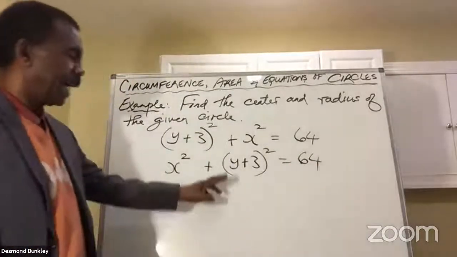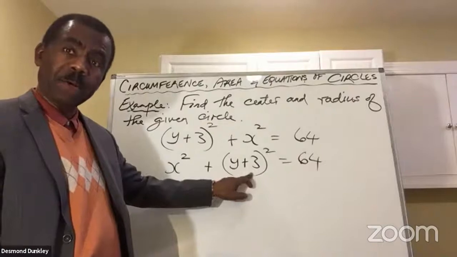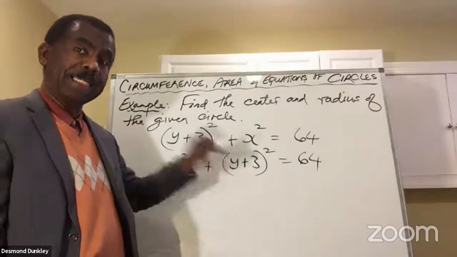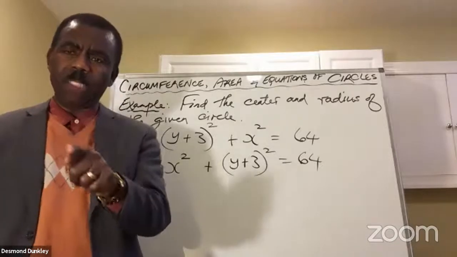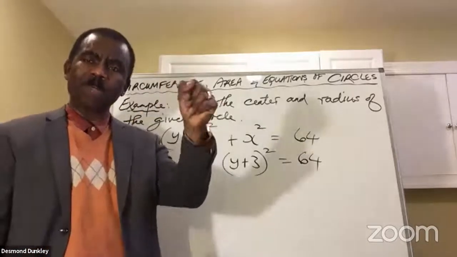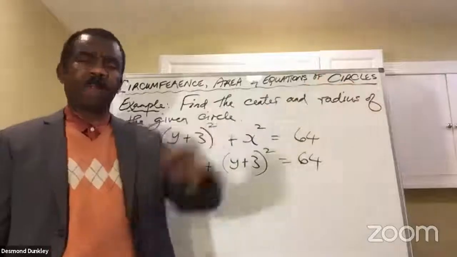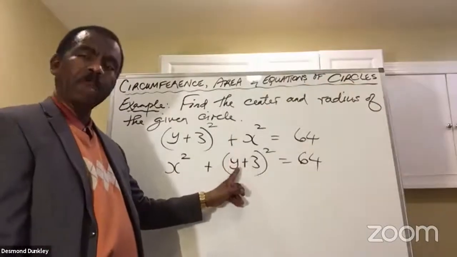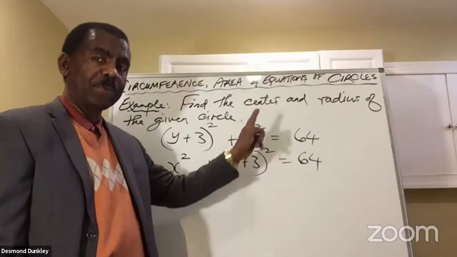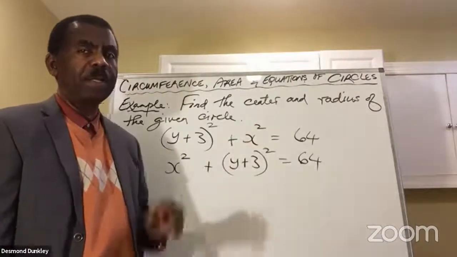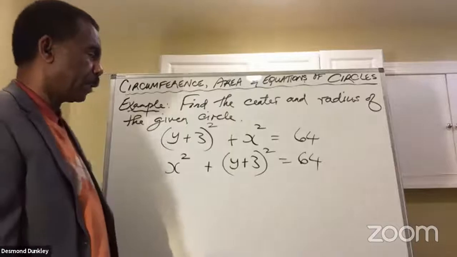Now, the fact that we have a number inside here tells me that the center is not at the origin. Because if it was at the origin, you would have x squared plus y squared equal to a number. But this is not x squared plus y squared. This is x squared plus y plus 3 in parentheses squared. So that's a different situation.